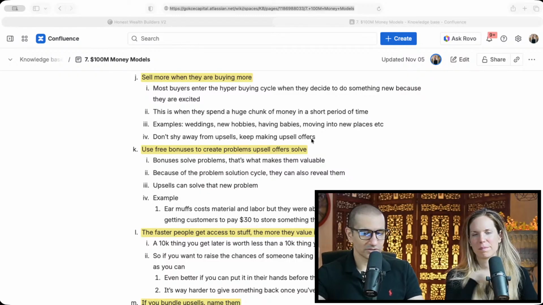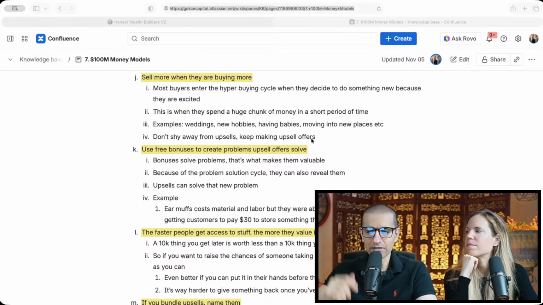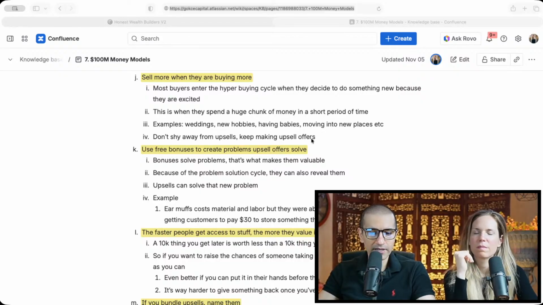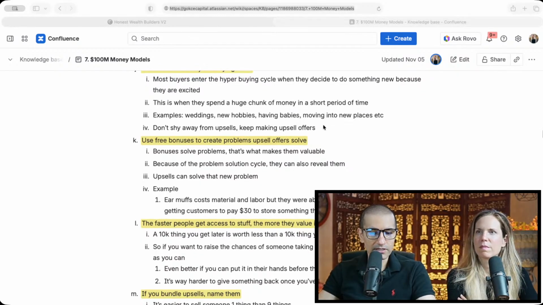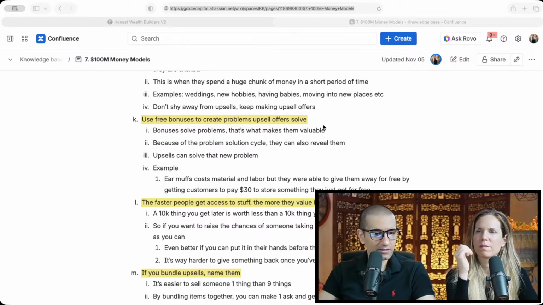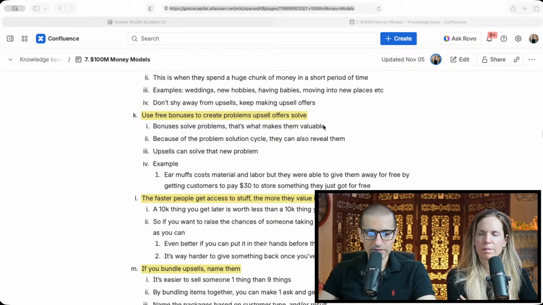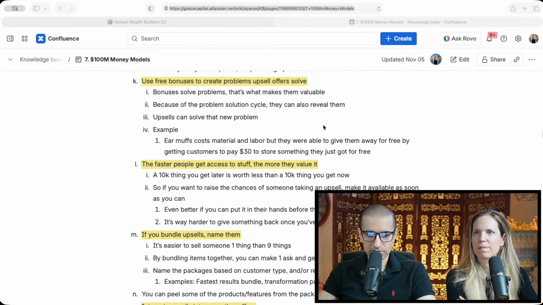So you go into these hyper buying cycles when you decide to do something new because you're excited. This is when they spend a huge chunk of money in a short period of time. Also examples: weddings, new hobbies, having babies, moving into new places. So don't shy away from upsells. Keep making upsell offers. Yeah, that's a good example, no?